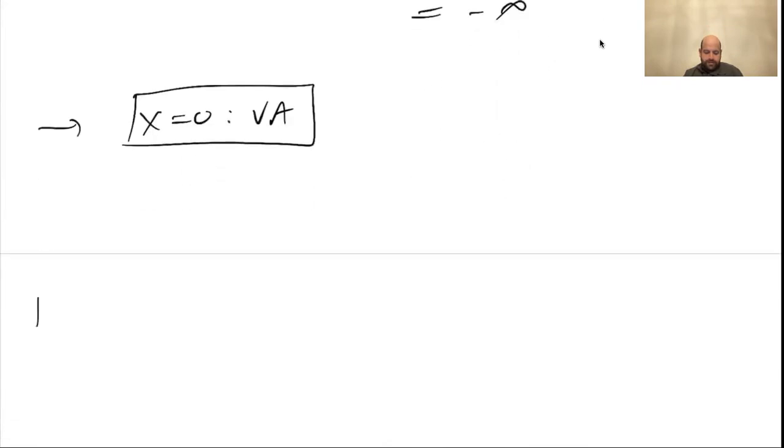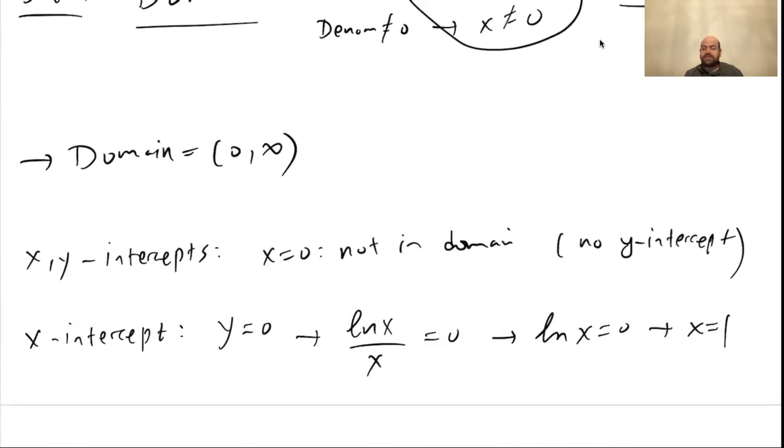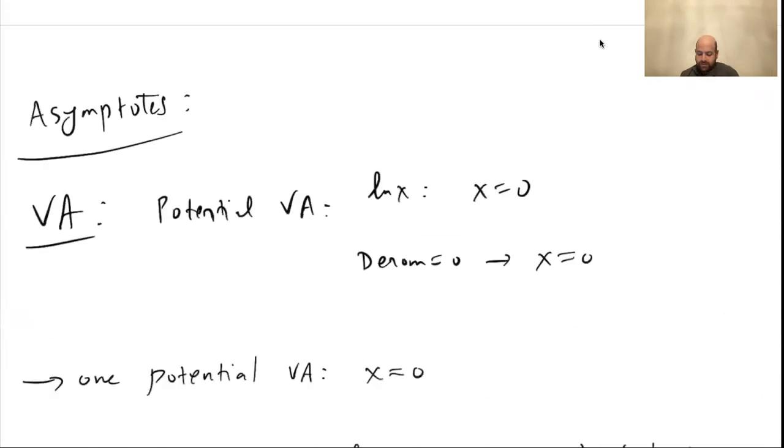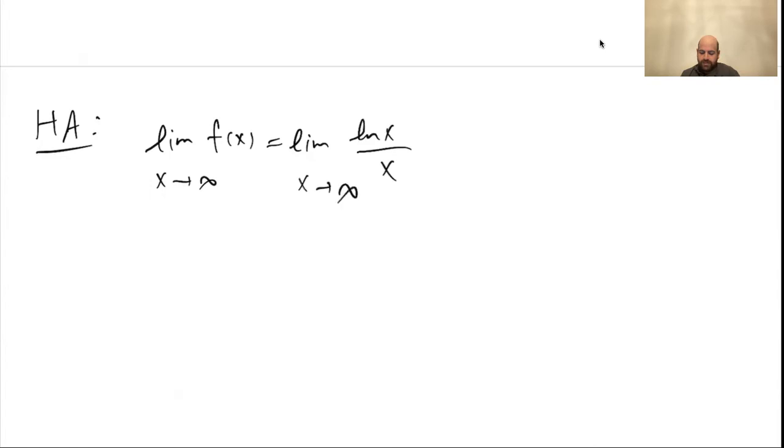Now for horizontal asymptote, we need to let x go to infinity or minus infinity. But here domain is 0 to infinity, so x cannot go to minus infinity, but x can go to infinity instead. So limit f of x as x approaches infinity will be limit ln x over x as x approaches infinity. So this is basically infinity over infinity. And infinity over infinity, we can use L'Hopital's rule, right?